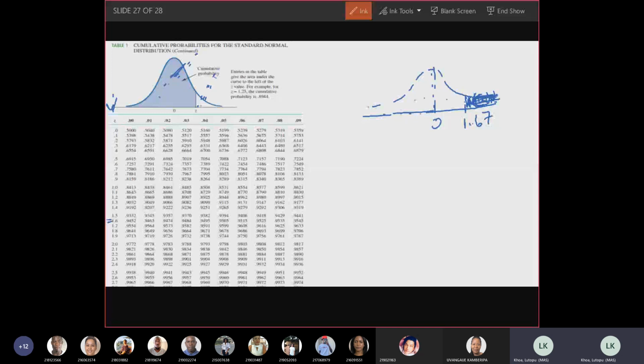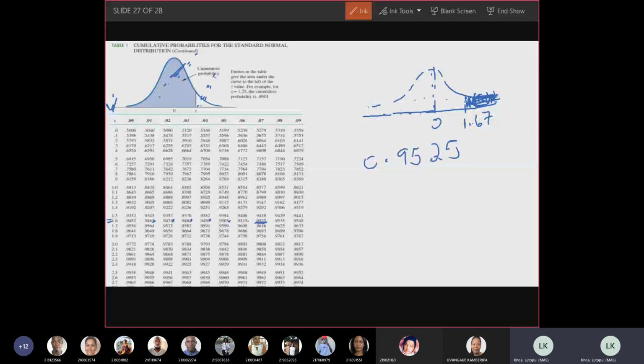Then 1.61, 1.62, 1.63, 64, 65, 66, 67. So this is the value over there. So from the table, I am getting 0.9525. That is the value I'm getting from the table.